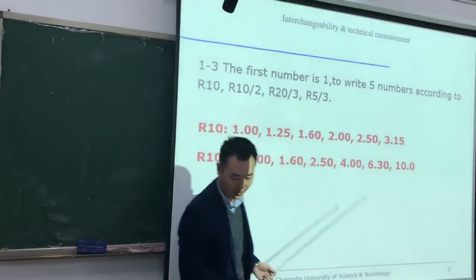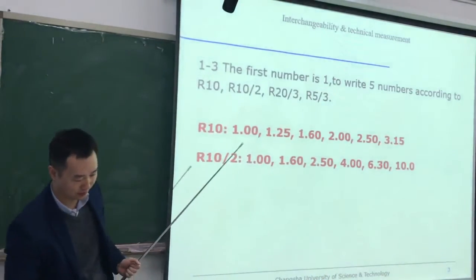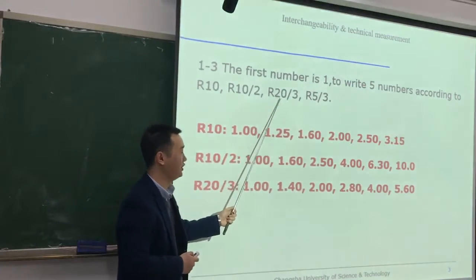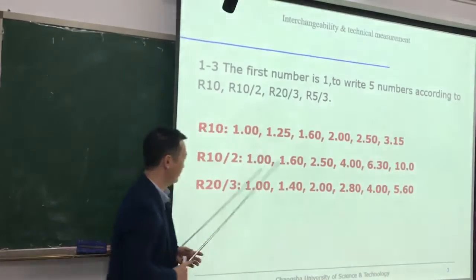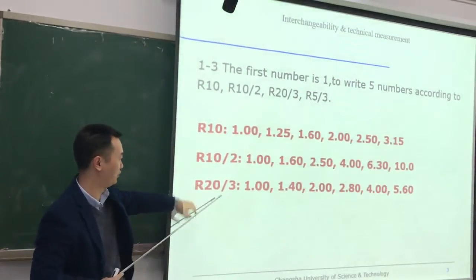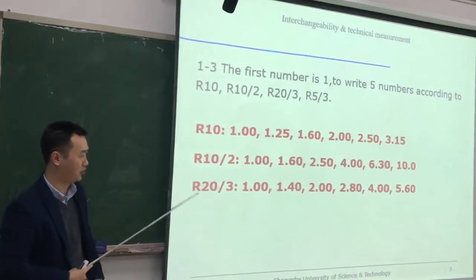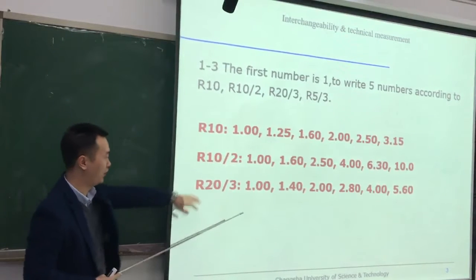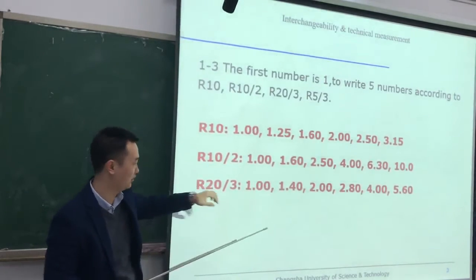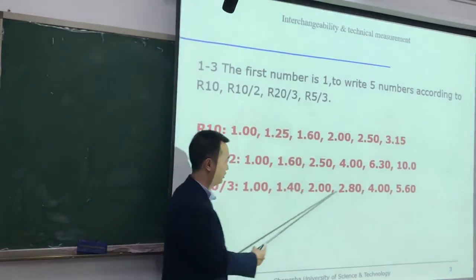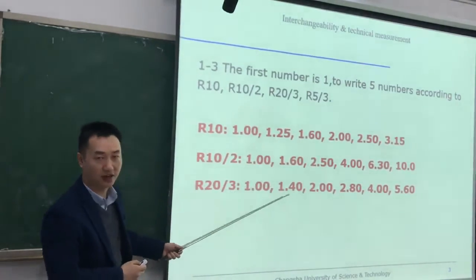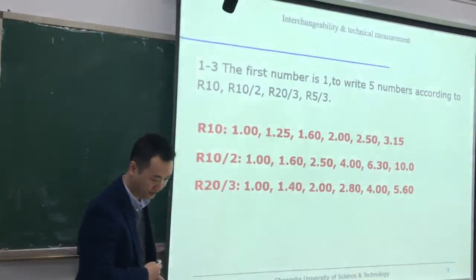That's R10/2. Then for the R20/3 series, we first find the preferred values in the R20 series, and for every 3 preferred values, we pick 1. Then we get the answers like this. You can find the answers according to our table.